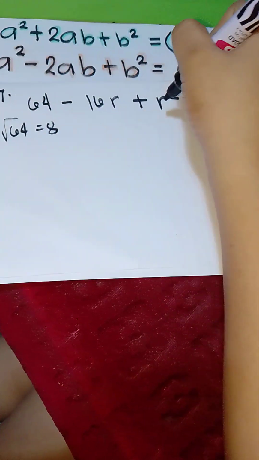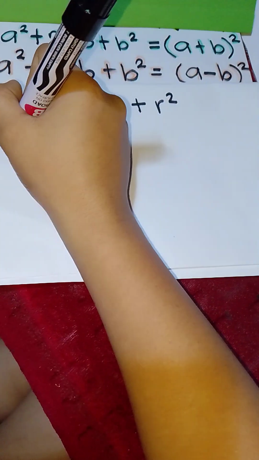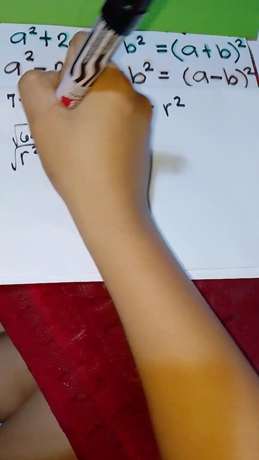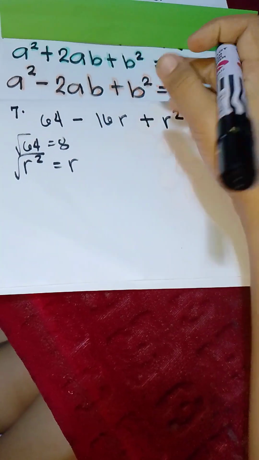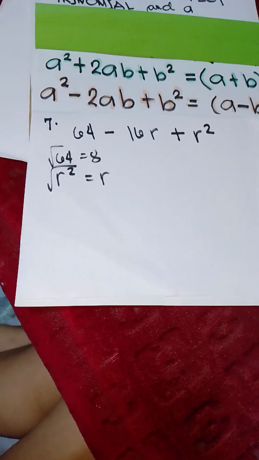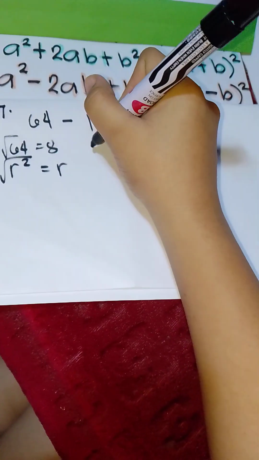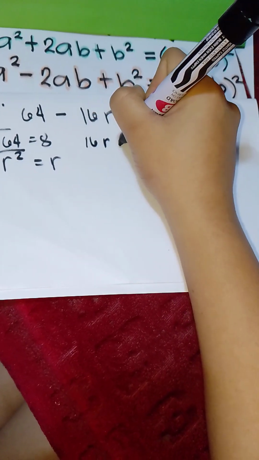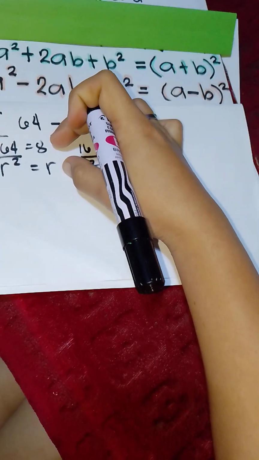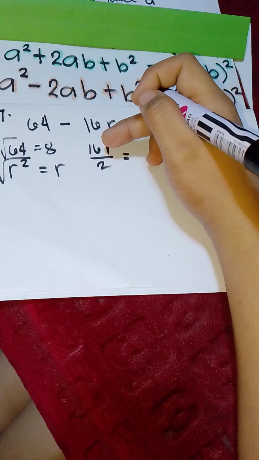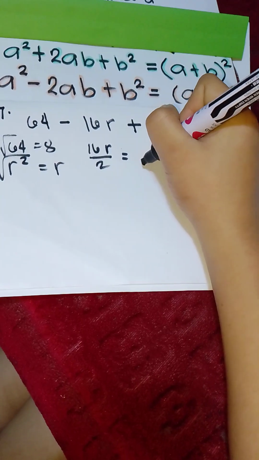The result is 8. We'll get the square root of r squared. The result is r. To verify if the middle term is correct, we're going to divide 16r by 2. So the answer must be 8r. So in dividing 16r divided by 2, the answer is 8r.